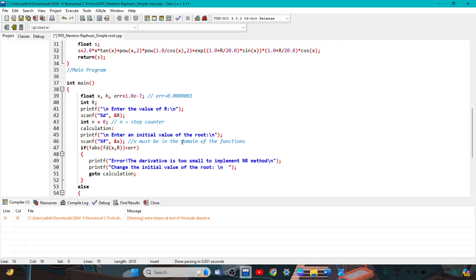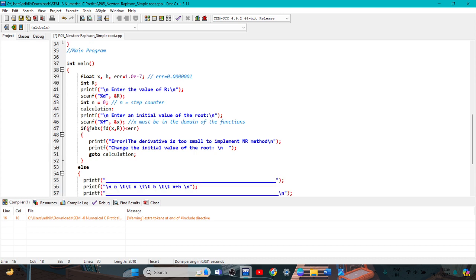Obviously x must be in the domain of the function f(x). If the absolute value of fd(x, r) is less than this error term, then printf, the derivative is too small to implement Newton-Raphson method. So we change the initial value of the root and go to the calculation step.